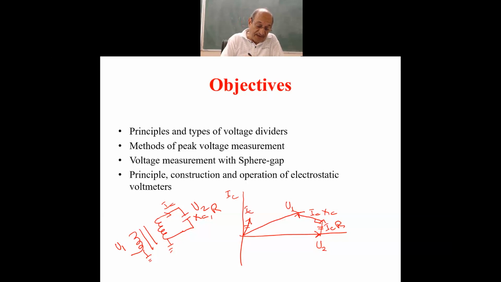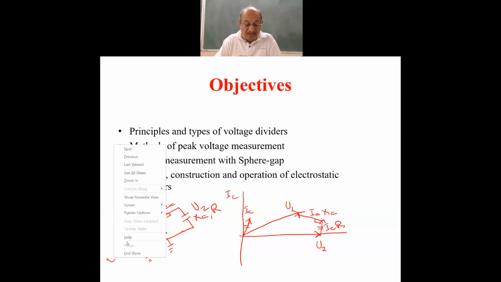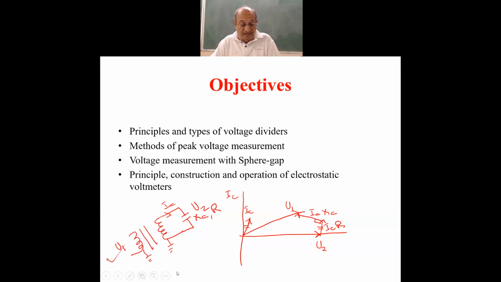This is the voltage applied with the help of the transformer, as you can see here. U1 is the voltage applied with the help of the transformer, and U2 is the actual voltage across the capacitor, which is higher.